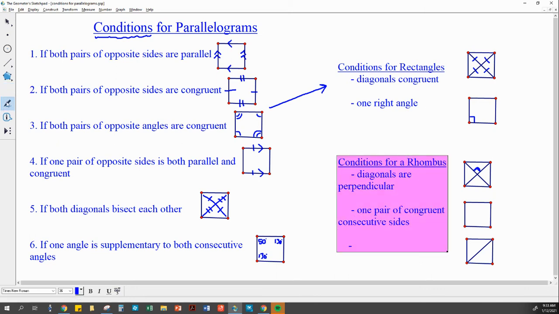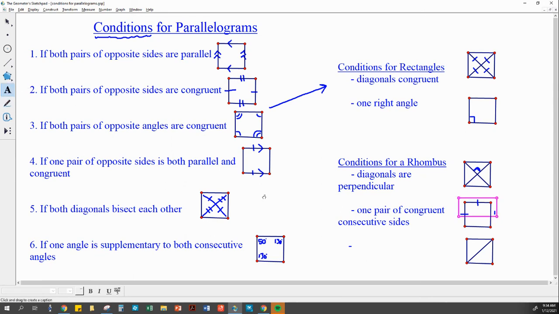So what that means, if I knew that this side and this side, because remember consecutive means next to, okay? Because remember, if we have a parallelogram, we already know the opposite sides are congruent. If I know two of the sides that are next to each other are congruent, then they will all be congruent. And try and remember that's what we're talking about with a rhombus, all right?